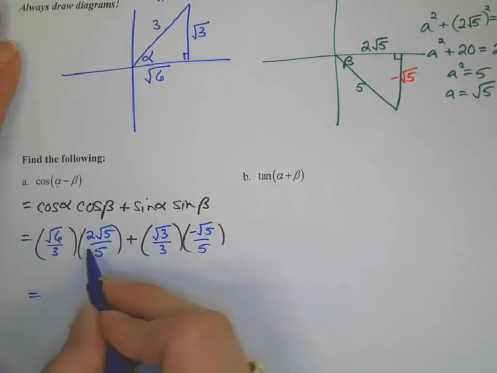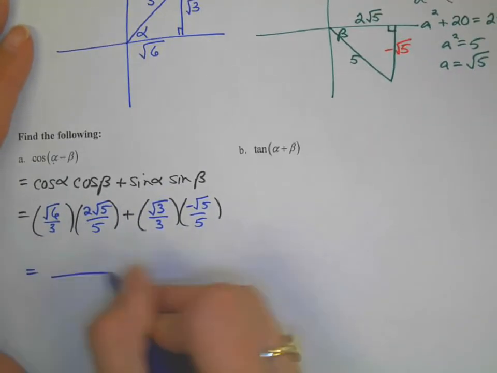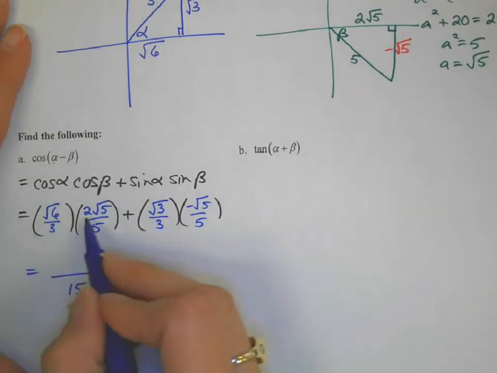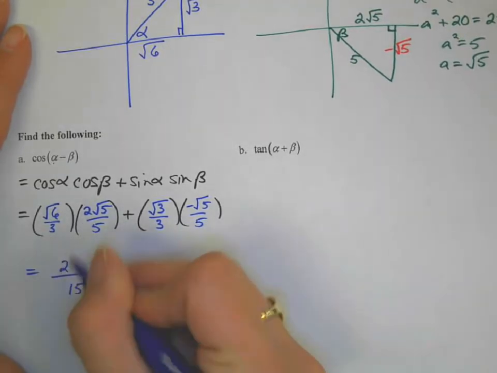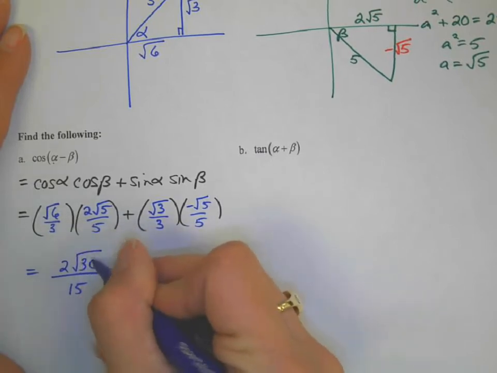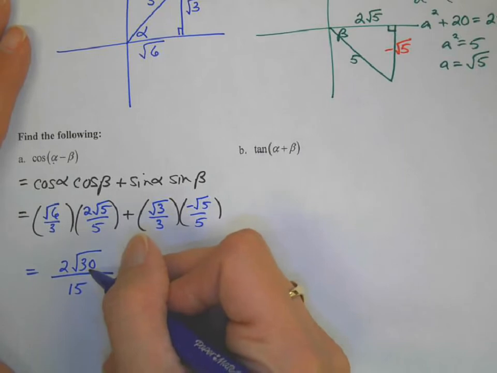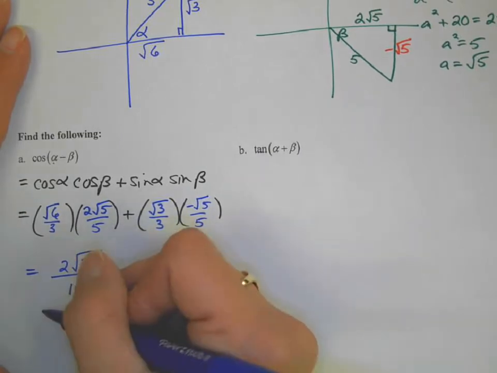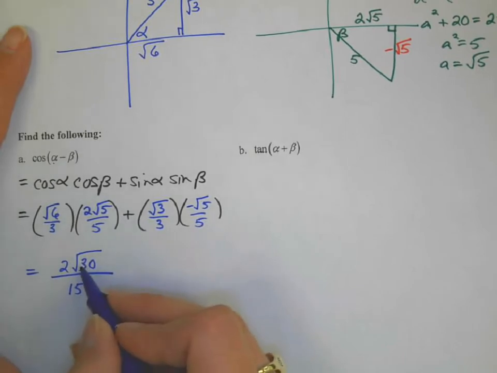So the first two fractions get multiplied together. Denominator is 15. Number times number makes 2. Radical times radical makes a 30. Can that get simplified? I know it's 6 times 5, but can anybody come out? No, so that's in simplified form.